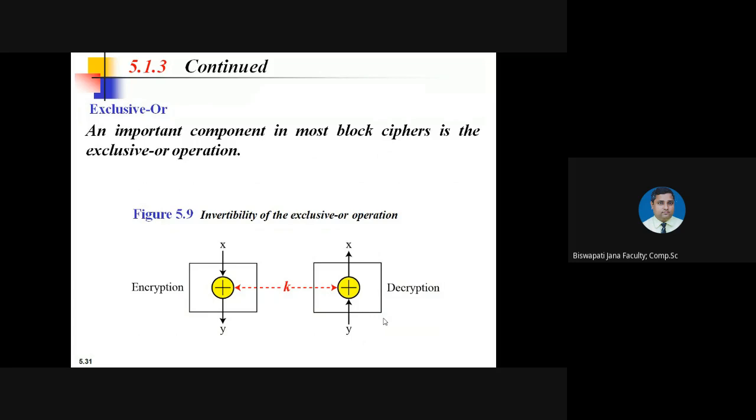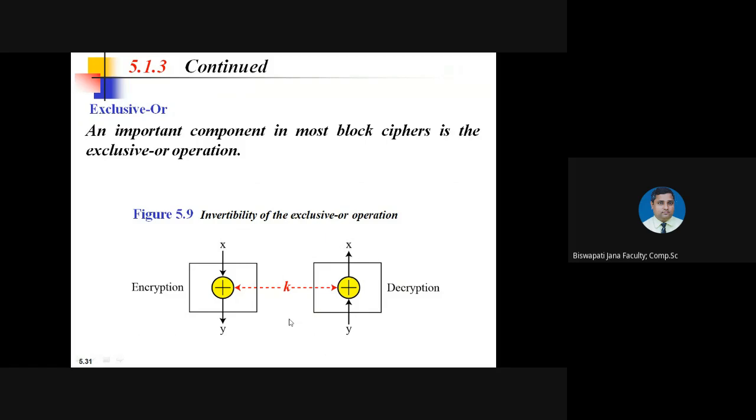Okay, come to another tool that is called the XOR. You know very well about the XOR technique. XOR is an important component in most block ciphers, the exclusive OR operation. So X and Y: if K is a key, then you can XOR this key with X. So X XOR key gets Y. And again on the receiver side, if we XOR this Y with the same key, then obviously we can get the result.